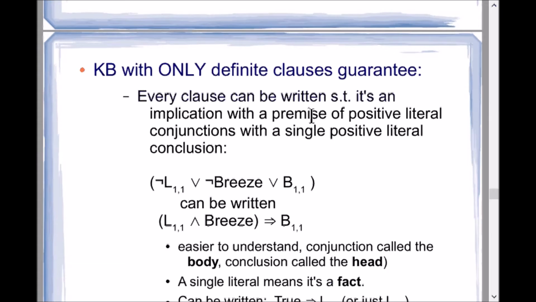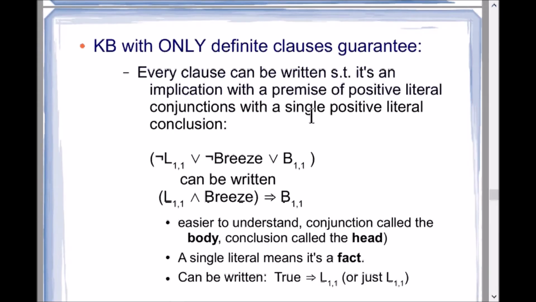One is that definite clauses can be rewritten as an implication where you have a conjunction premise, an and, a couple of literals joined together by ands, and they're all positive literals, and that implication has a conclusion that's a single positive literal.